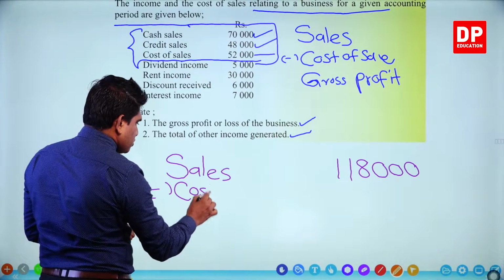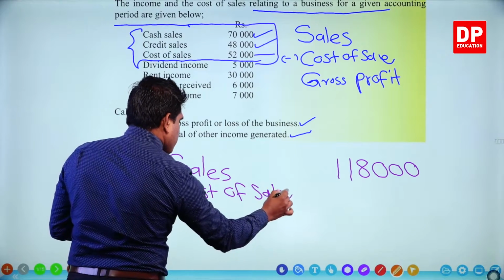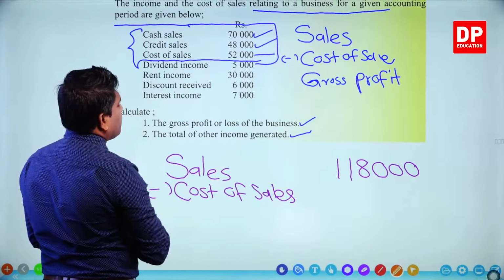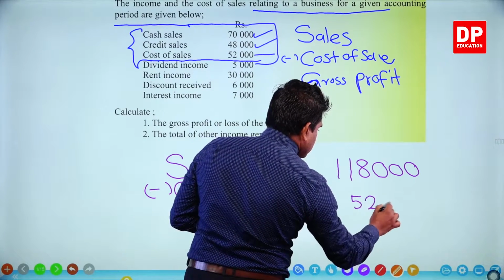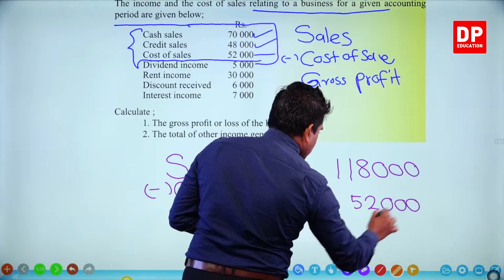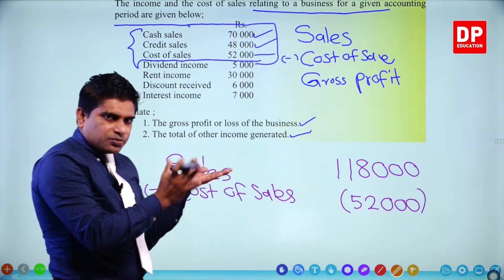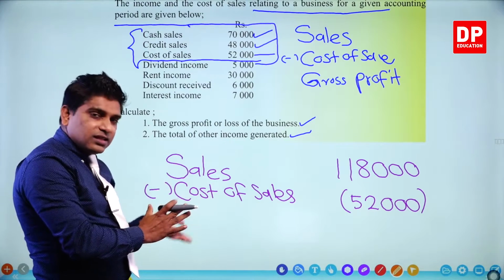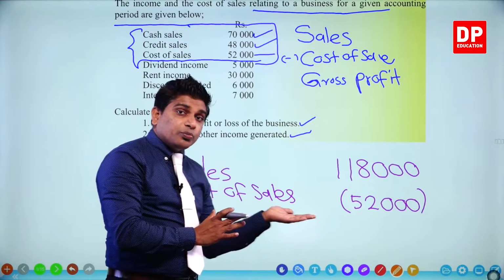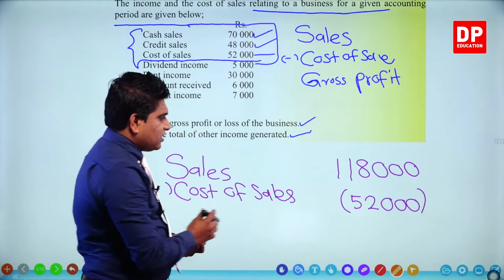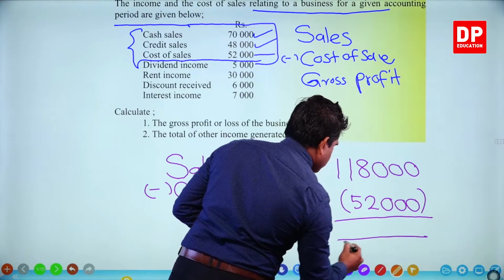All the expenses, the total of the expenses, we put in the brackets, because every time we subtract from the income, what you subtract, that value you put in the brackets. Then see here how much the gross profit.